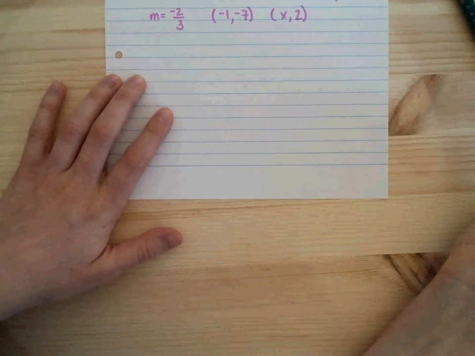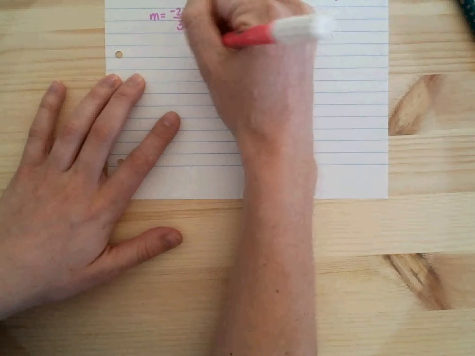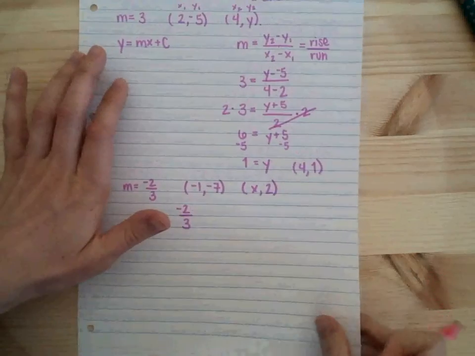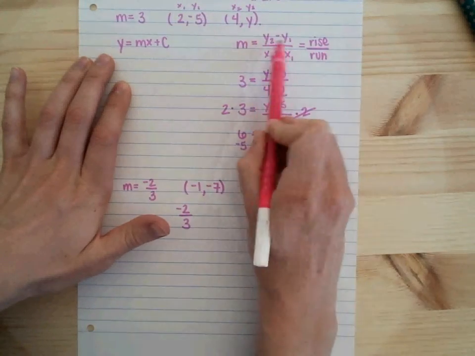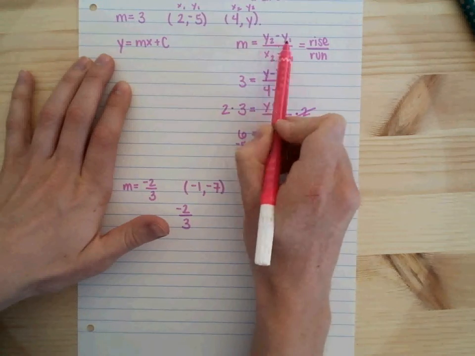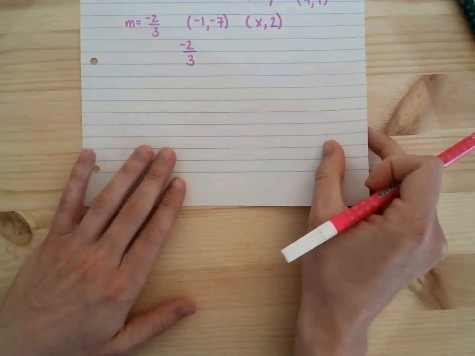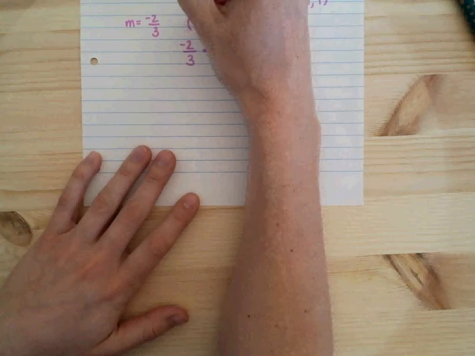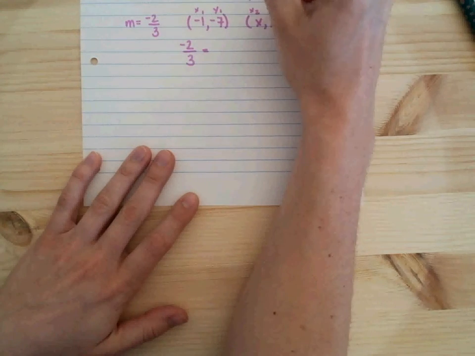Use your slope formula. In place of m, I'm going to put -2/3. So again, let me remind you, we're using this slope formula right here. To find the slope of a line, you take the rise over the run, so the change in the y's over the change in the x's. So slope equals, let's call this x1, y1, x2, y2.